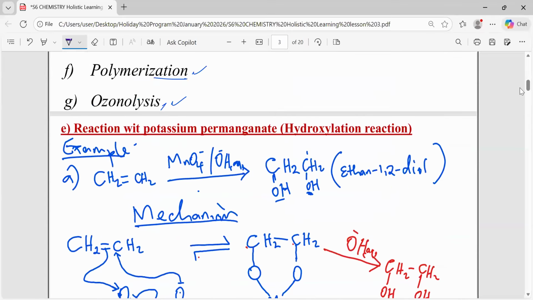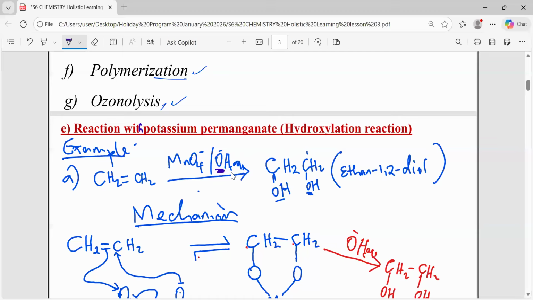Reaction with potassium permanganate: in this reaction, we react alkenes with acidified or alkaline potassium permanganate. So these are ions. We can use acidified or alkaline; here it is alkaline potassium permanganate.